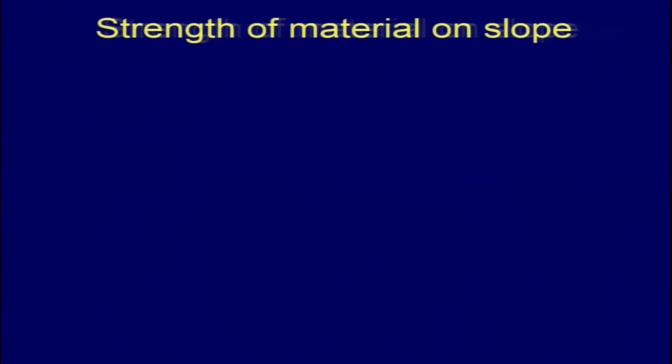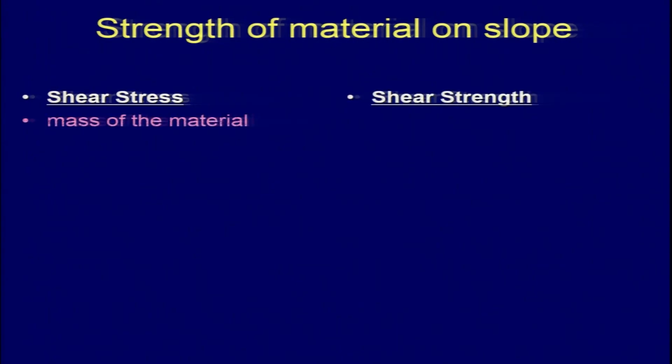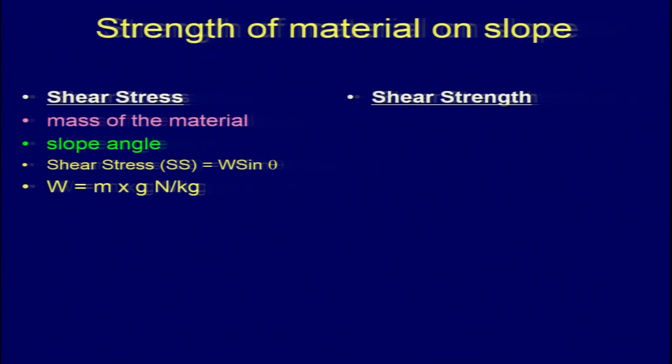And the shear strength of the material on slope, if you take, suppose you are having the shear stress and shear strength, then the mass of the material needs to be taken into consideration, slope angle, shear stress, that is your W sin theta, where W is your mass and gravity here, Newton per kg.